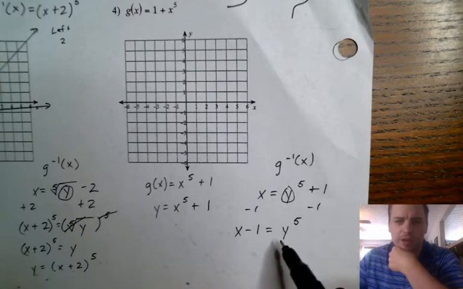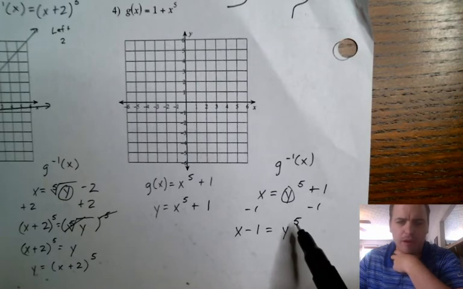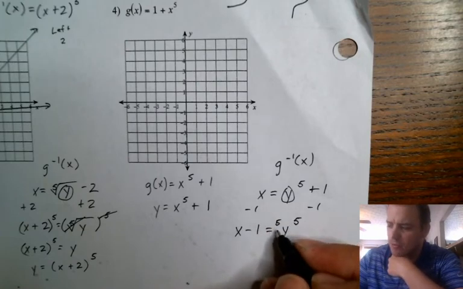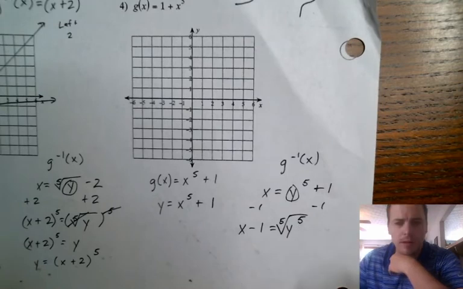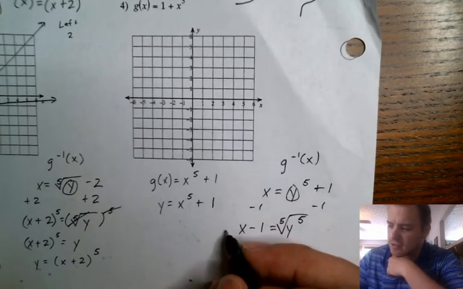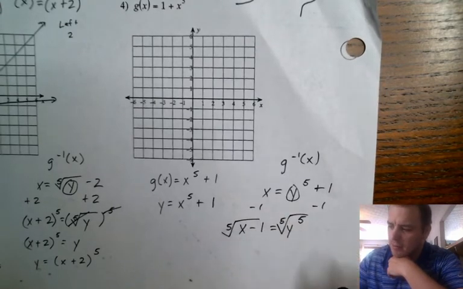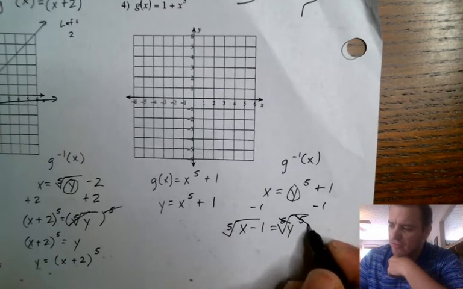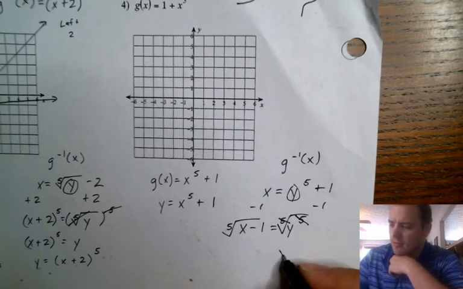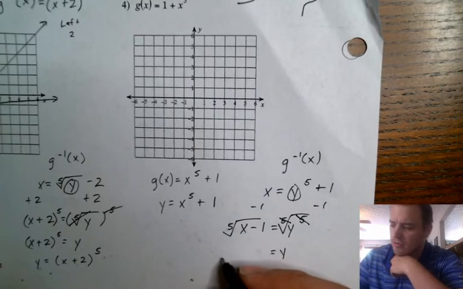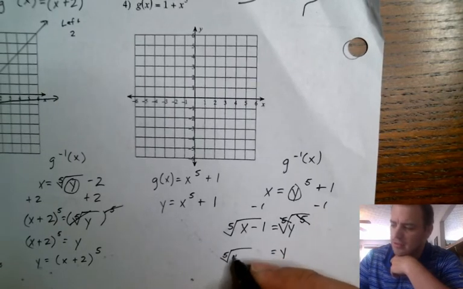And then what do we do to get that 5th power off? Well, what's the inverse of raising something to the 5th power? Taking the 5th root. And what I do to one side, I have to do to the other. The 5th root and the 5 cancel, leaving me y equals the 5th root of x minus 1.